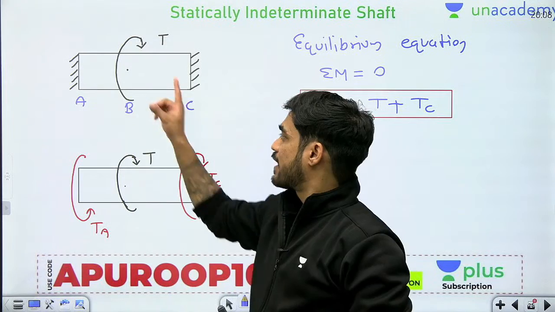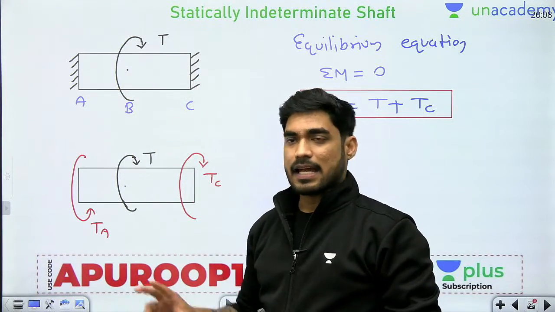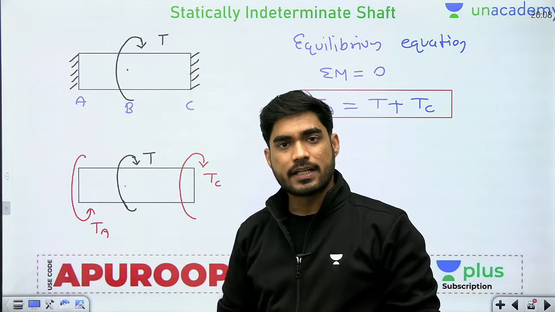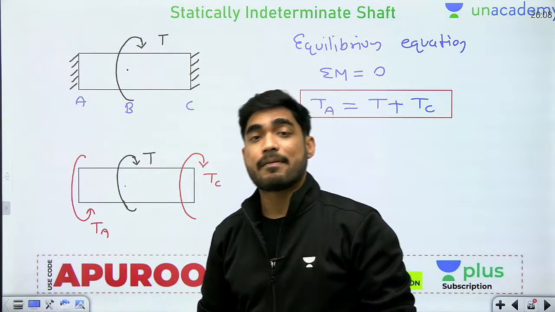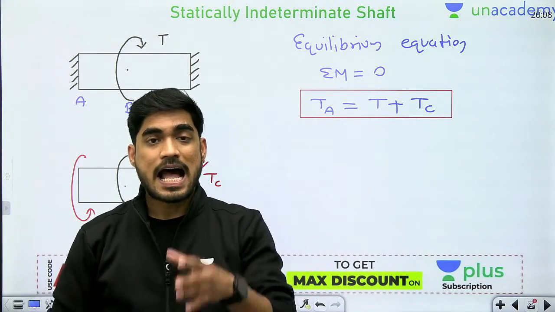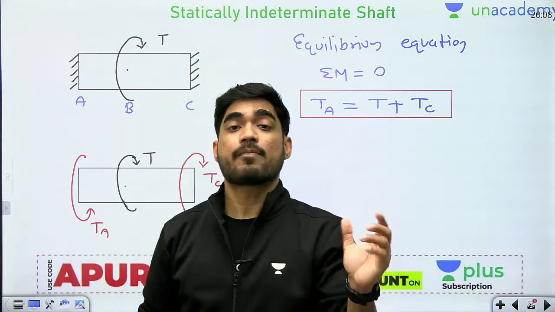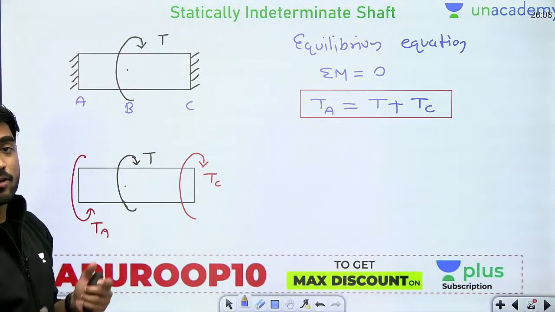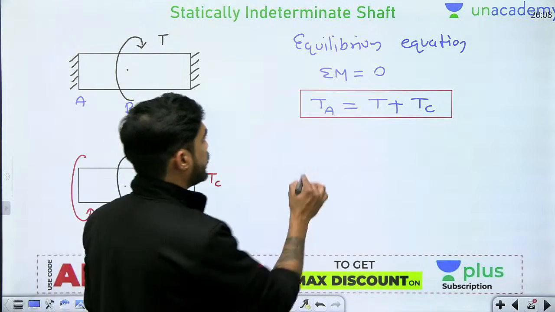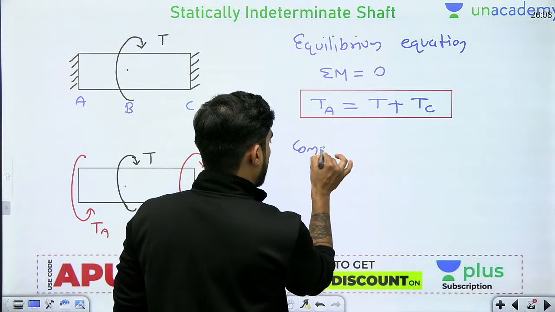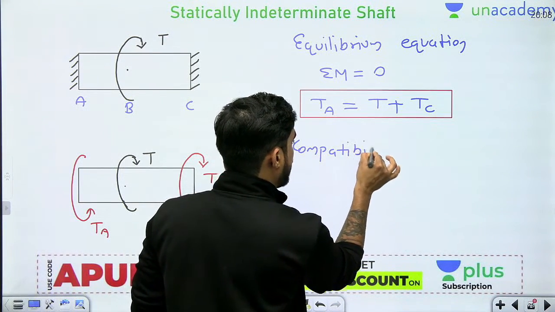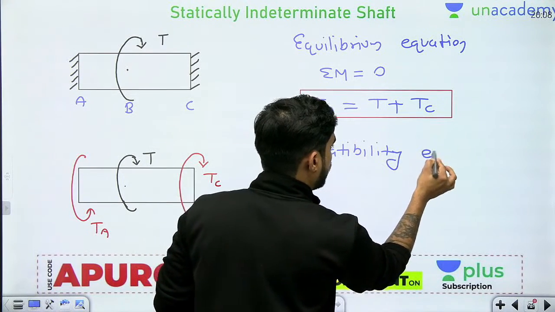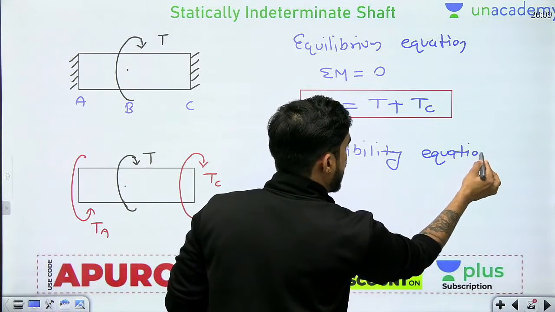But if I have fixed both the ends and then I apply torque, then it will not be able to twist. So I have constrained the deformation of this body. So what will be the equation of that constraint? That equation is known as compatibility equation.